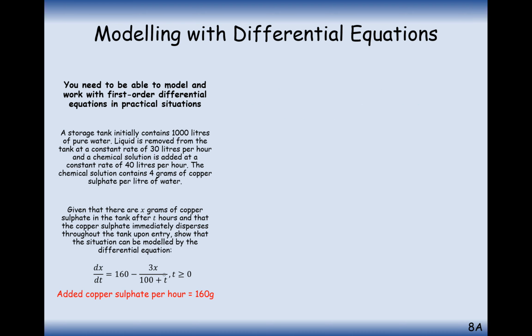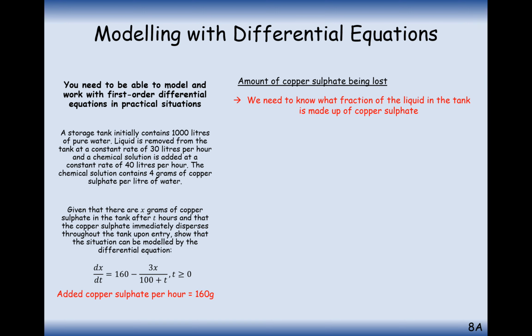Now we need to think about this bit at the back here, which is representing the amount that leaves the tank every hour. So the amount of copper sulfate being lost. We need to know what fraction of the liquid in the tank is made up of copper sulfate. So we need to know how much liquid is in the tank at any given time. The amount of liquid in the tank at any given time starts with 1,000, and then we add 40 litres per hour, so that would be 40 times T. Then 30 leaves the tank every hour.